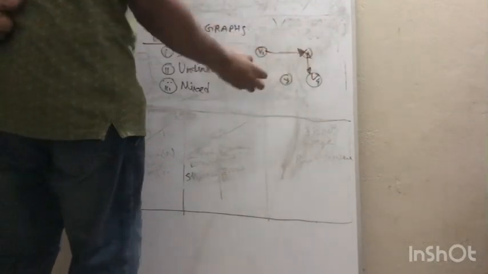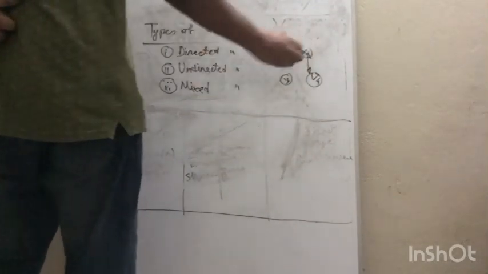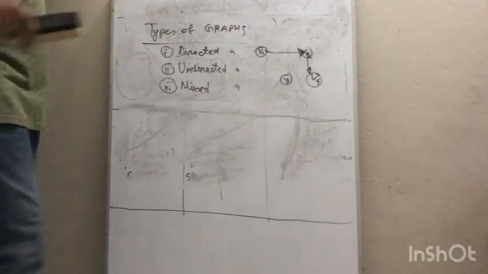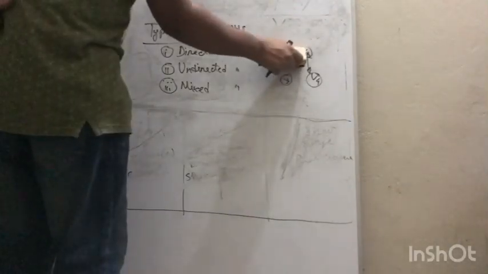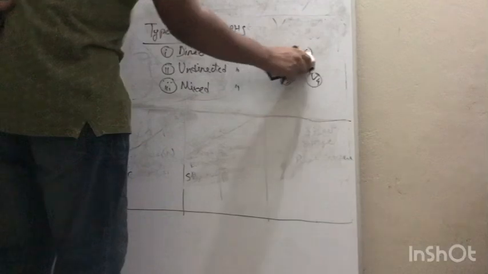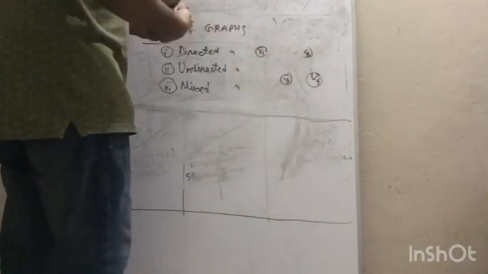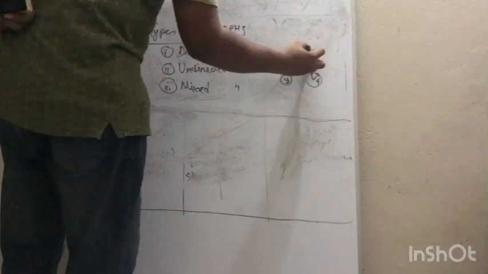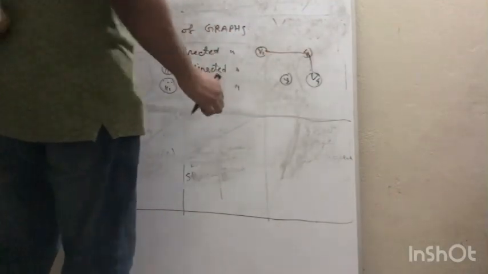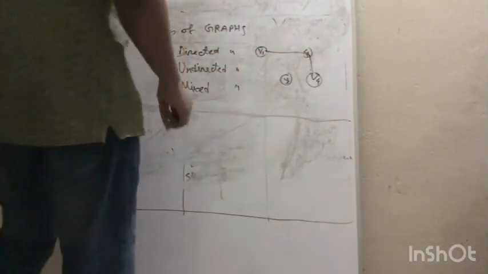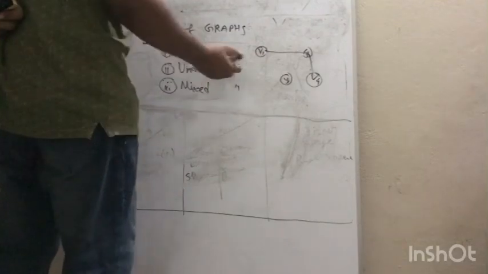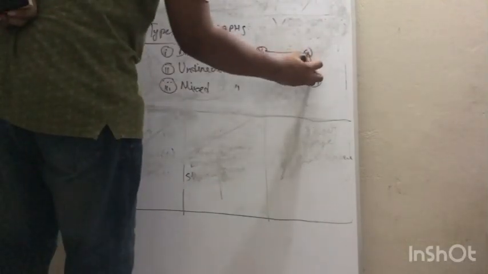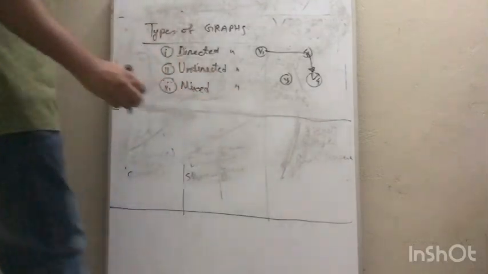Origin, destination, but these are connected, so this is a directed graph. In an undirected graph, there is no directed edge, just a simple edge. There is also a mixed graph. A mixed graph is a combination of a directed graph and an undirected graph.